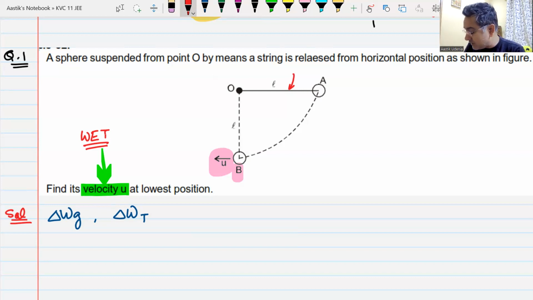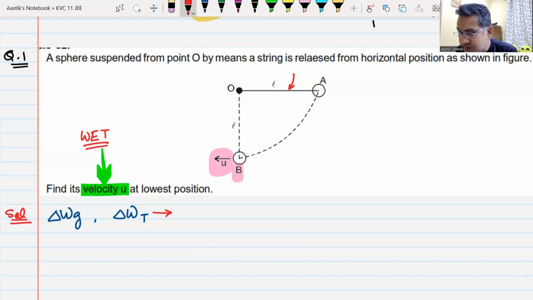Can anyone tell me what is the work done by tension here? No one knows it? Okay. Sir, zero. Yes, beta?